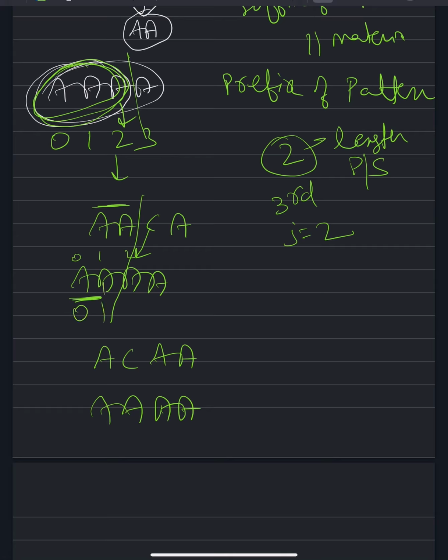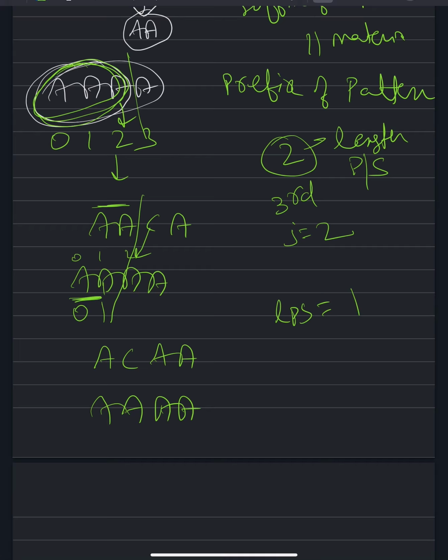Now j equal to 1, length equal to length of LPS. LPS equal to 1. So this is the size of the LPS which is there.